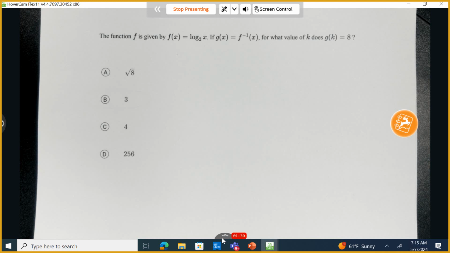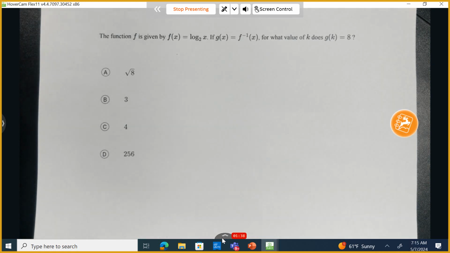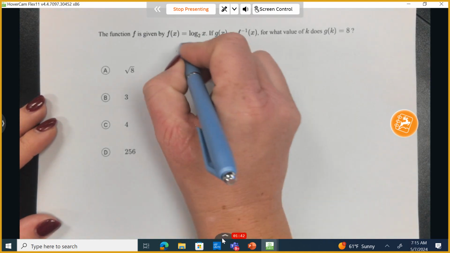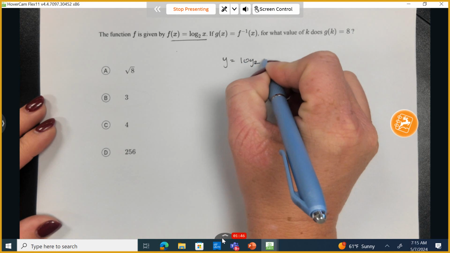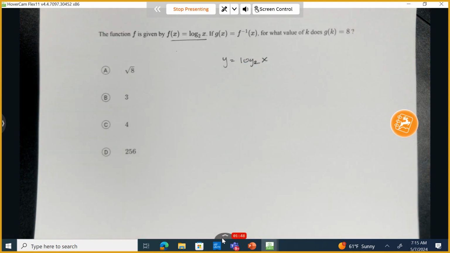I would be writing something on paper. This is not one you can really probably do in your head. If you are watching this remotely, please find the inverse of this equation.